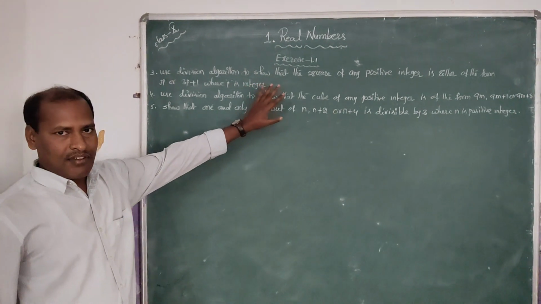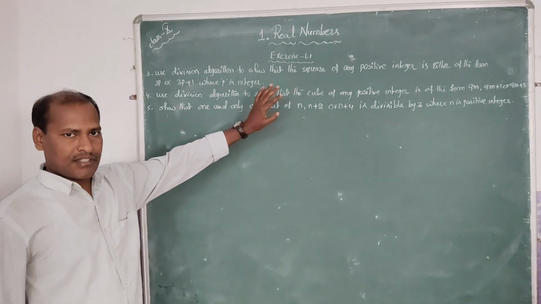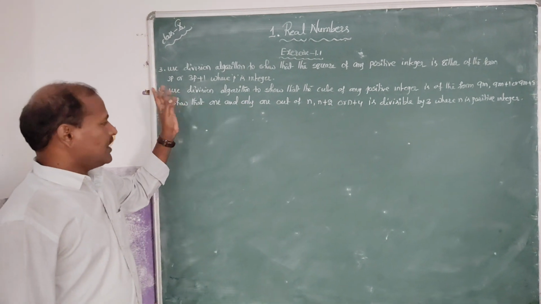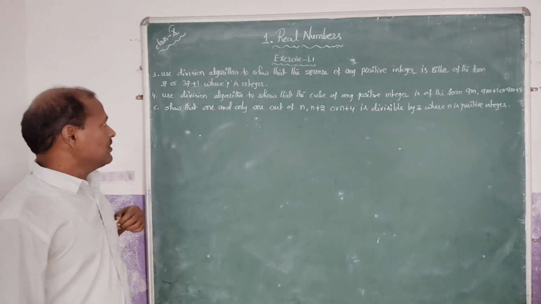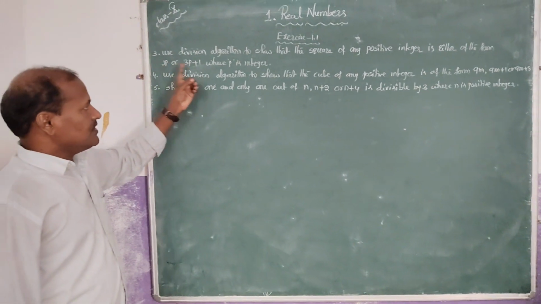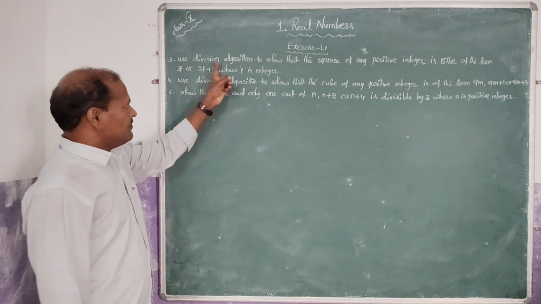In exercise 1.1, first bit, HCF by Euclid division algorithm is completed. Now the second problem using division algorithm is also completed. Now the third problem: using division algorithm to show that the square of any positive integer is of the form 3p or 3p plus 1, p some integer only.